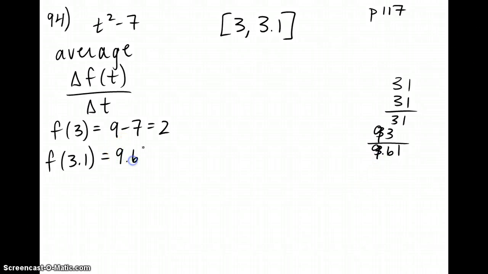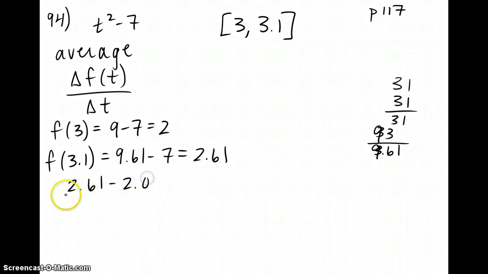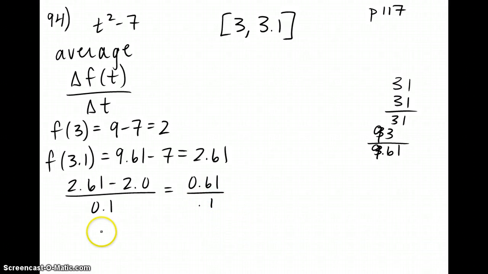So then we get 9.61 minus 7 is 2.61. All right, so the average rate of change: subtract the y values, divided by the difference in time. The difference in time here is 1/10. So this would give me 0.61 divided by 0.1. So my average rate of change on the interval is 6.1.